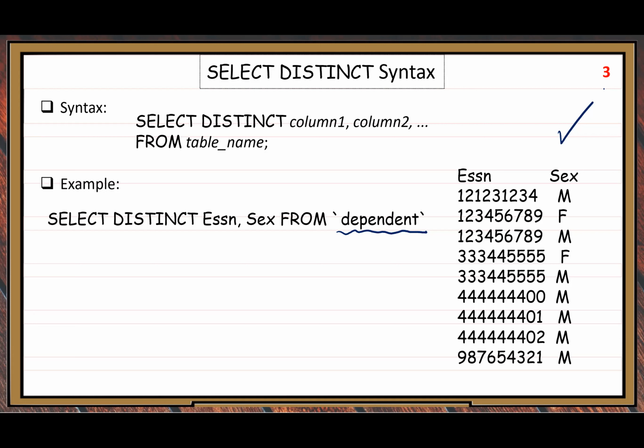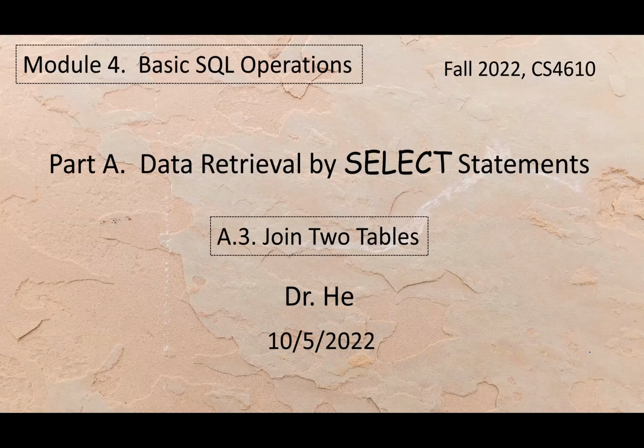Oh, no duplicates, because remember, we already applied distinct. From this result, you cannot see them; they were removed. But if you do not put that distinct, you can see some duplicate tuples. That's pretty simple. So that's this example.